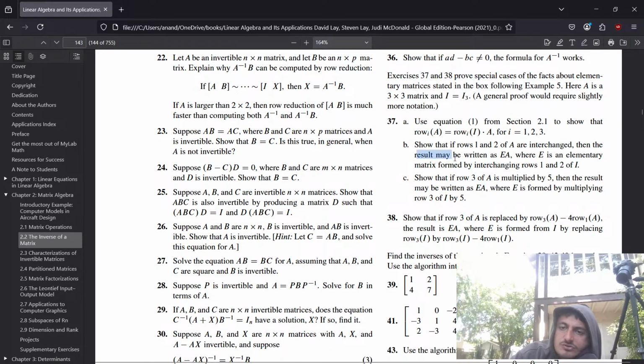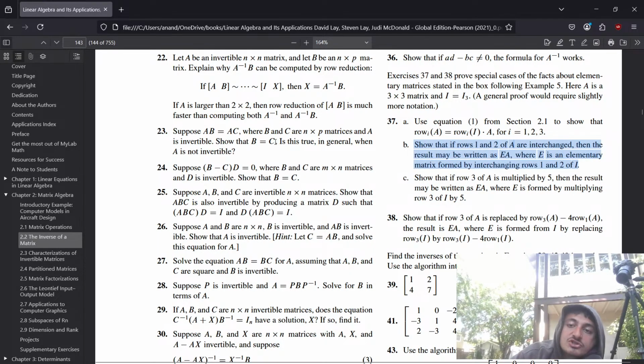Show that if rows 1 and 2 of A are interchanged, then the result may be written as EA, where E is an elementary matrix formed by interchanging. You know, this one's actually interesting because the definition of elementary matrix was a single row operation, but I don't know how you can. Oh, I think that they defined the elementary row operations as a swap.